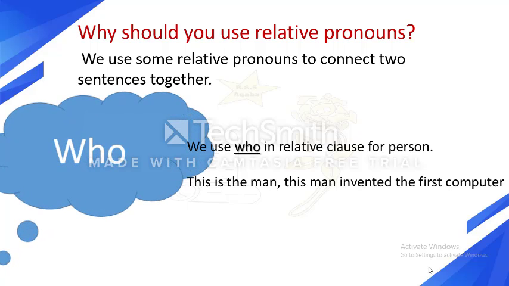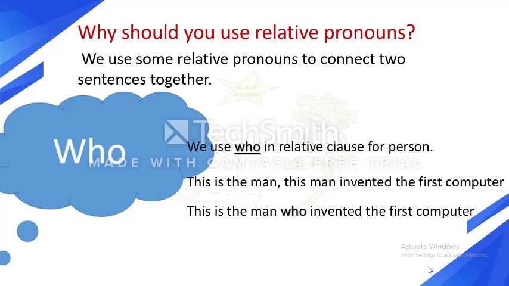We use who in relative clause for person, للأشخاص or للشخص. Example: this is the man. This man invented the first computer.